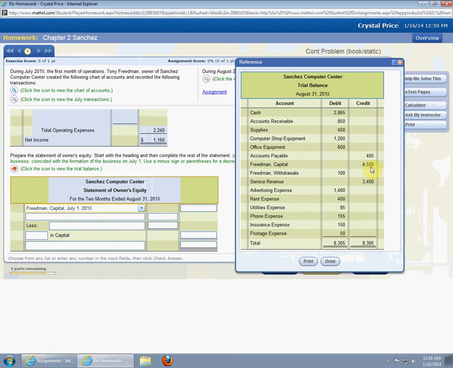Well, it doesn't have it. But if there was an additional investment, then you would have a working column here and you would put what his beginning investment was and then add any additional investment that was made during the period of this statement. Since we only have the initial, this is considered our initial investment, we're going to put it in the total column, $4,500.